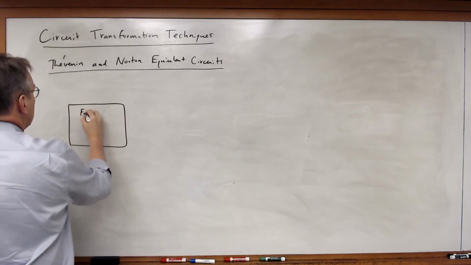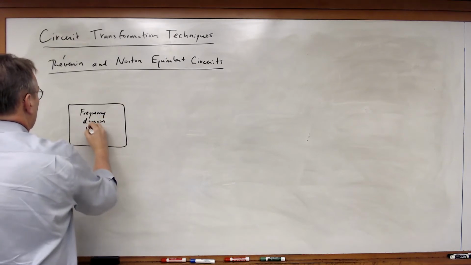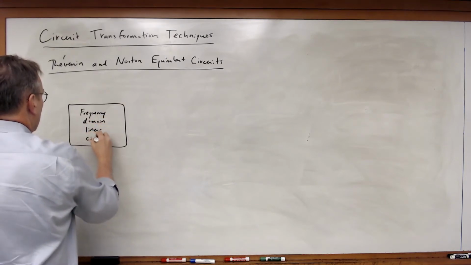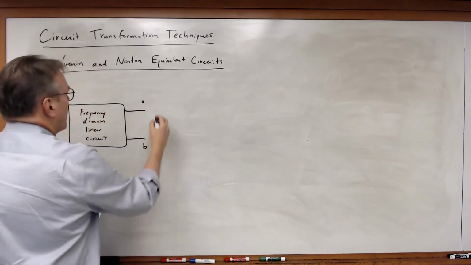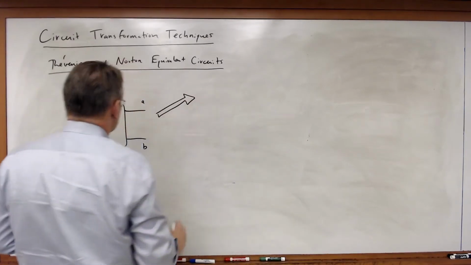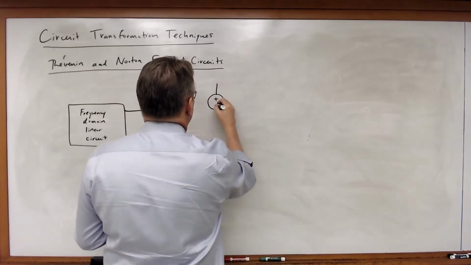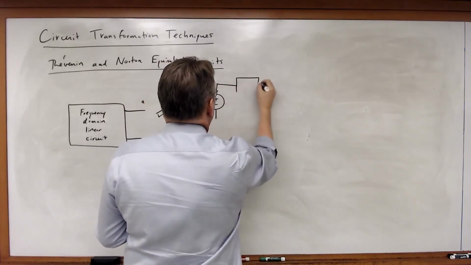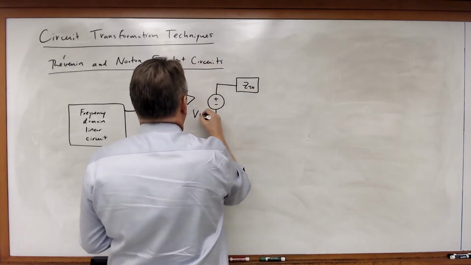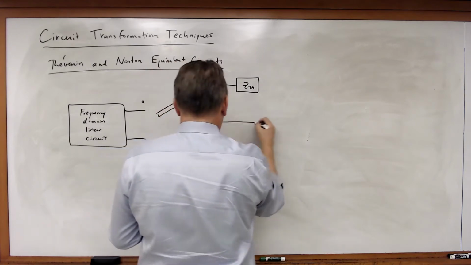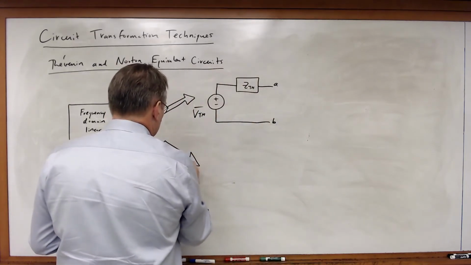Given a frequency domain linear circuit, we can show that there must exist a transformation such that this can be transformed either into a Thevenin equivalent or a Norton equivalent circuit.